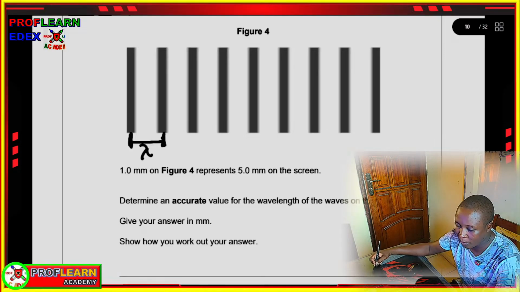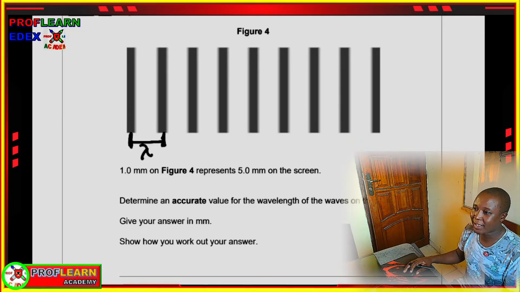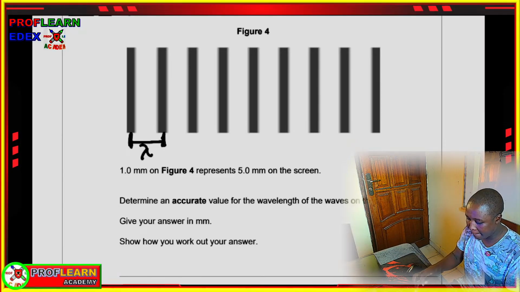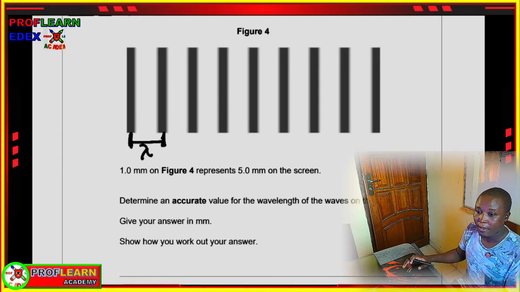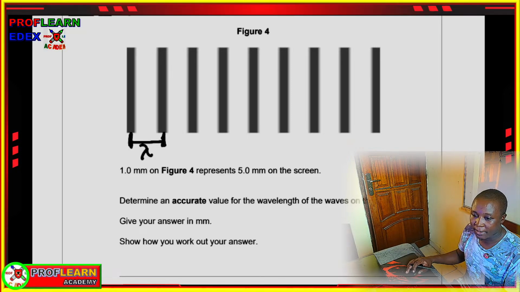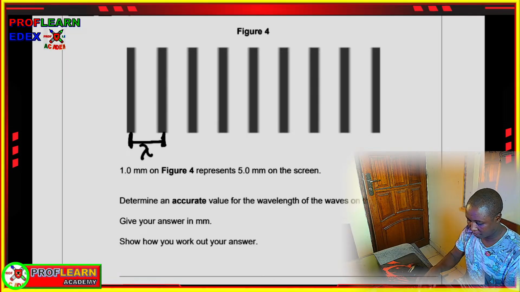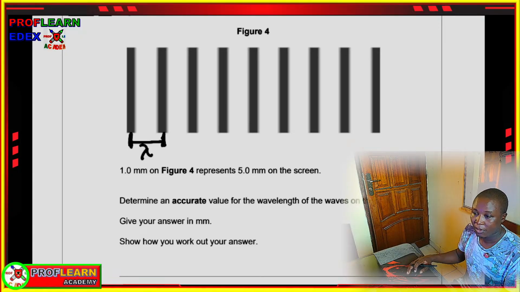What you are going to do is take a ruler and measure the length of that particular distance that we have here.